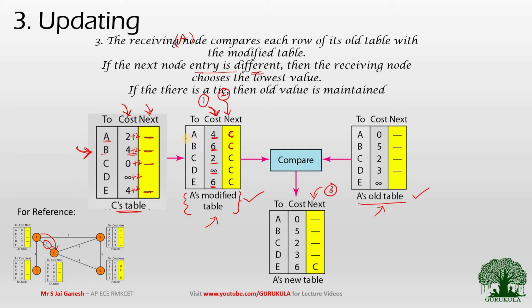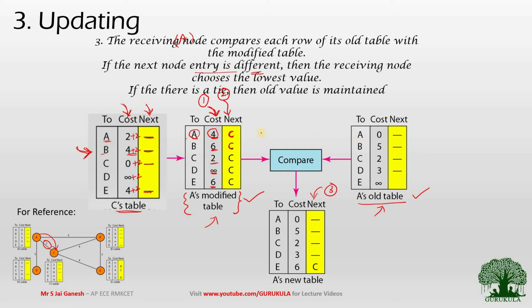So how to compare? The destination is A. A can reach A with a cost of 4 via C. This is what the first entry says. But in the previous table, A can reach A with a cost of 0. So the entry with the lowest cost will always be selected.